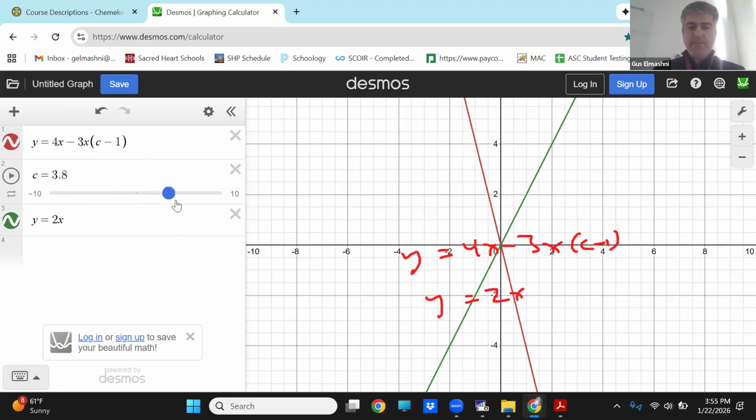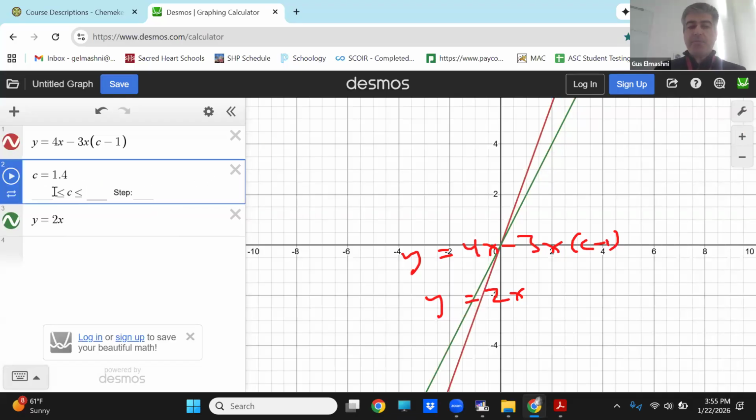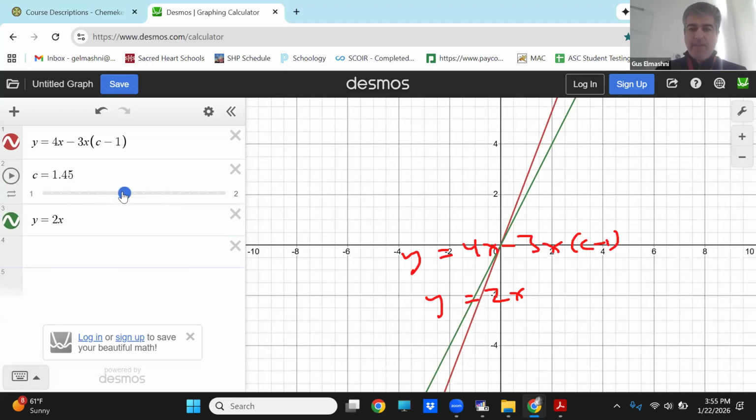If I slide it this way, I'm getting pretty close. So I know it's between 1 and 2. Whenever it's pretty close, I could choose a range of 1 to 2 and make the step 0.1, or maybe 0.05, so make it even finer. Then click away and slowly slide it.